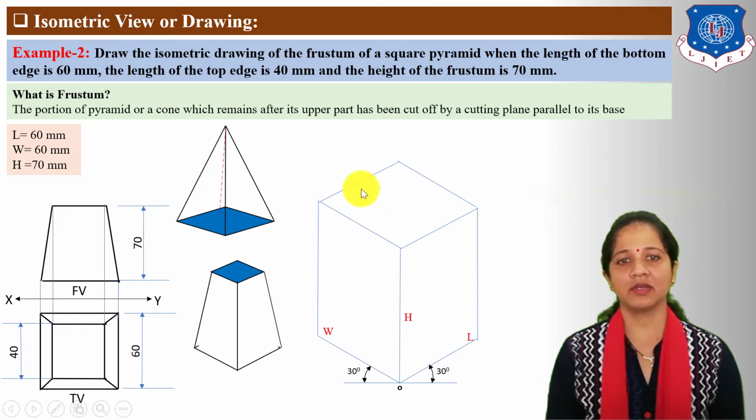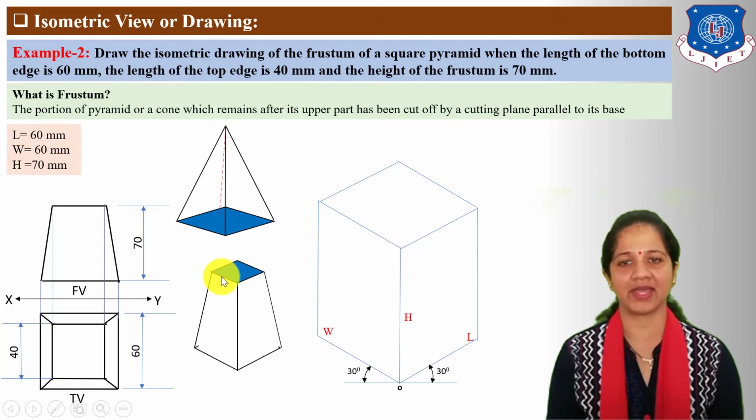Now, in the top face, we need to draw a 40 by 40 mm square. The total size of the top face is 60 mm length and 60 mm width. So, on this length line, draw parallel to the width line, taking a size of 10 mm.